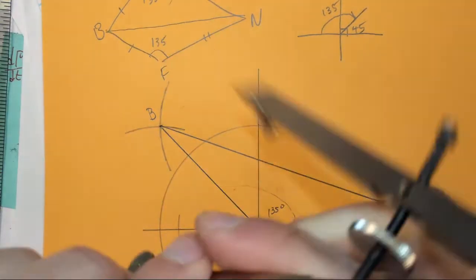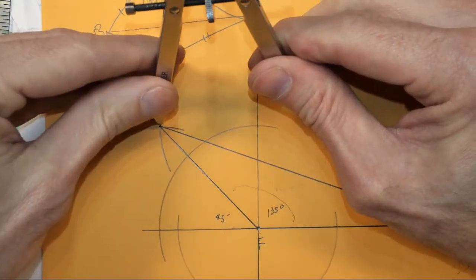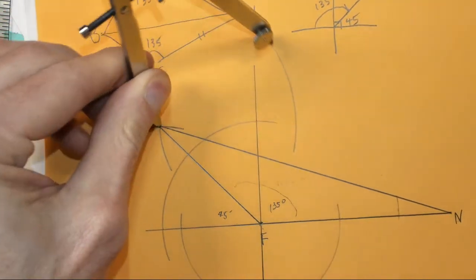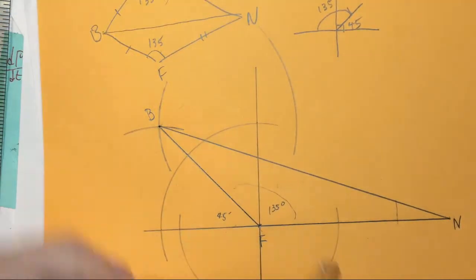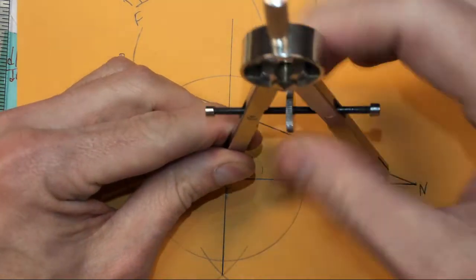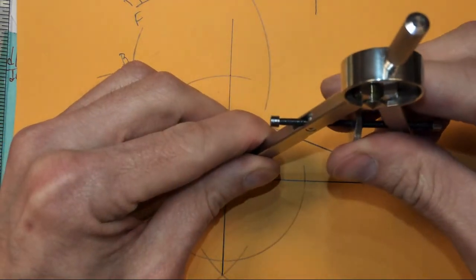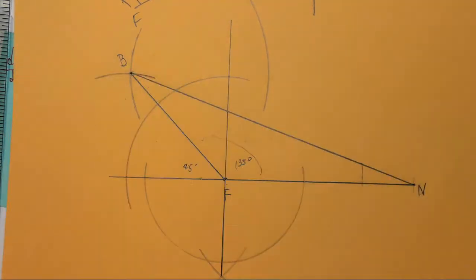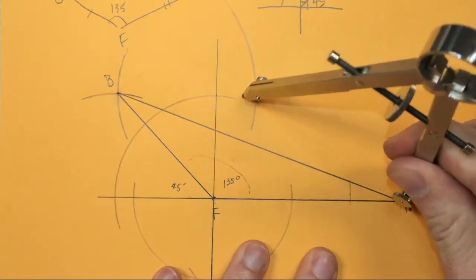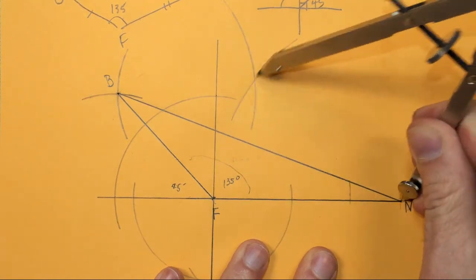And if you recall, I've already set it to be BF. So I'll put the point of my compass here on B, make an arc on top of this whole entire drawing. Now I need to stretch my compass from F to N. Put the point of my compass on N, and I'll make an arc to intersect the first one.